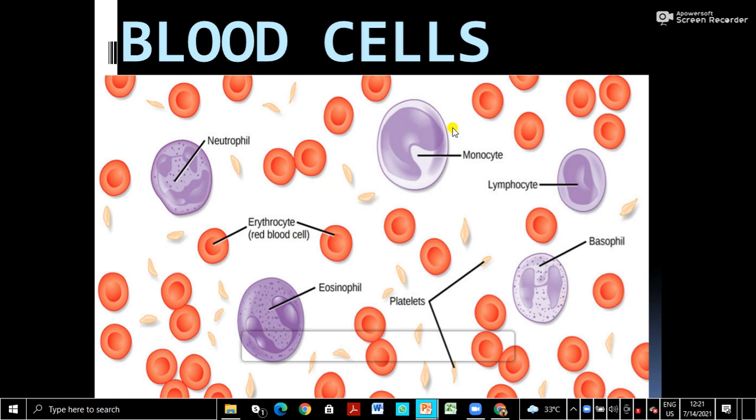In human RBCs, the nucleus and these organelles are not there, so the space inside the cell is maximized and maximum oxygen can be transported. It also doesn't undergo aerobic respiration. Our cells undergo aerobic respiration but not the RBCs, because they don't have the organelles and the nucleus.